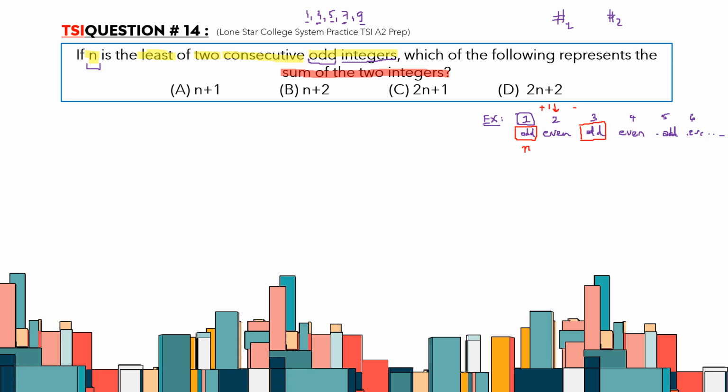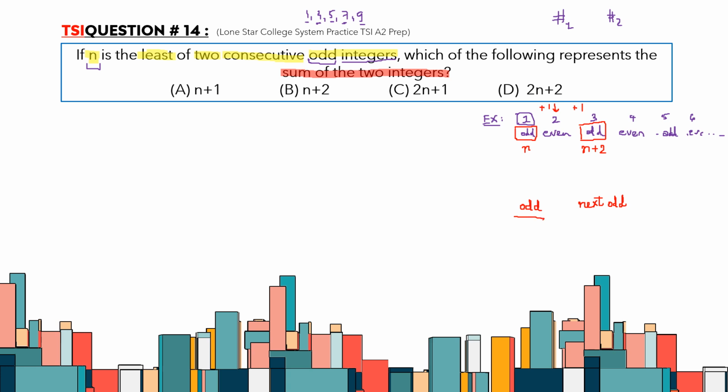If you add 1 more unit, you get here. So here is n plus 2. So if you have one odd number, and you want the next odd number, you have to add 2.